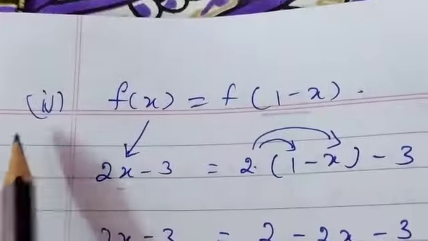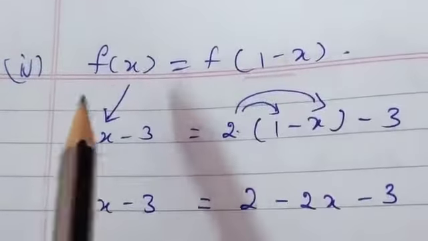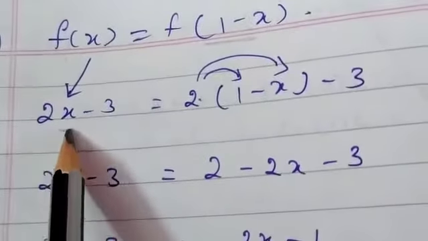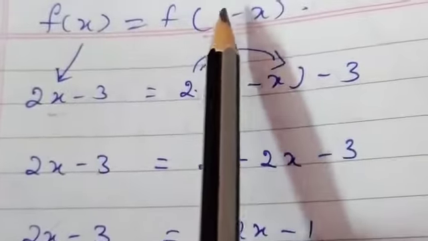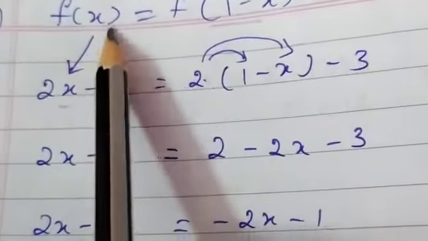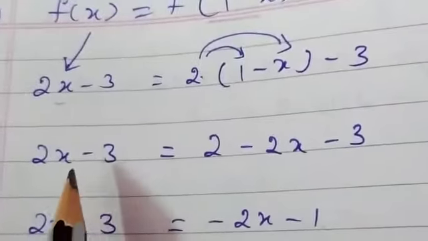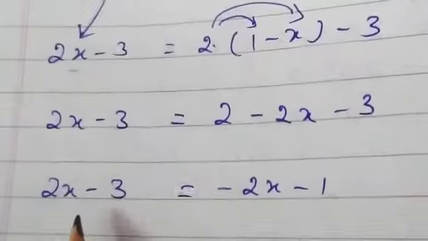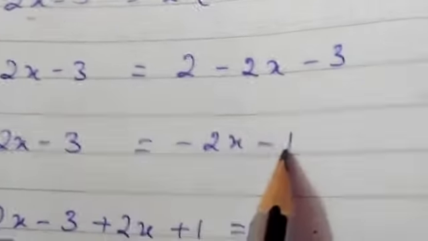So next our fourth part, f of x equal to f of 1 minus x. So we are substituting the f of x value here, 2x minus 3, and that is equal to, when we substitute 1 minus x in the value of x, then we get 2 into 1 minus x minus 3, that is 2 minus 2x minus 3, that is 2x minus 3 equal to minus 2x minus 1.